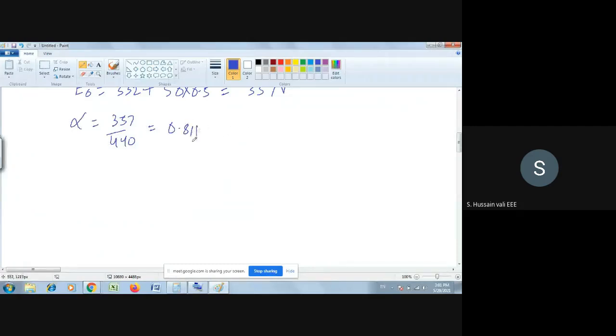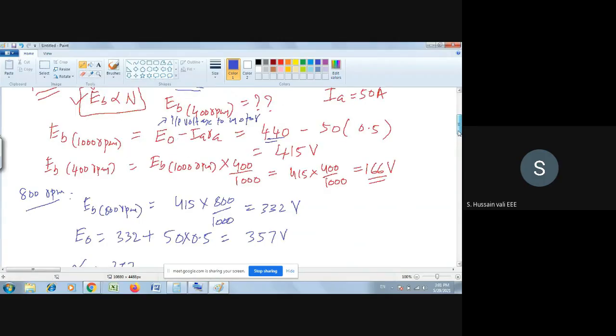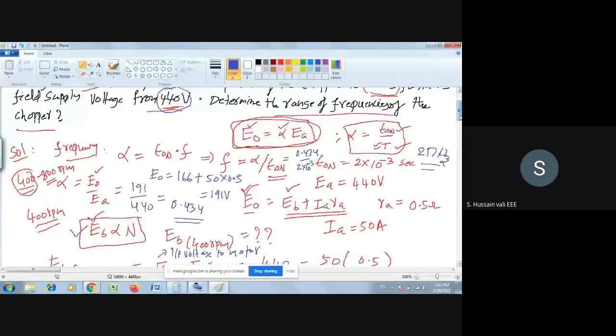So we got this alpha value. Then what is frequency? Frequency is alpha by Tn. So alpha 0.811 by Tn, where Tn is 2 milliseconds.